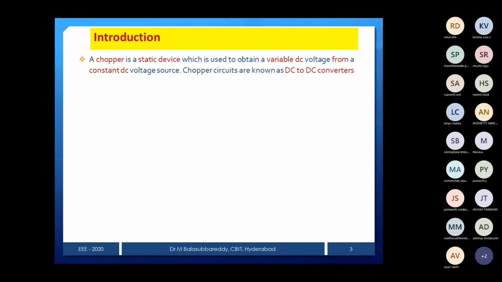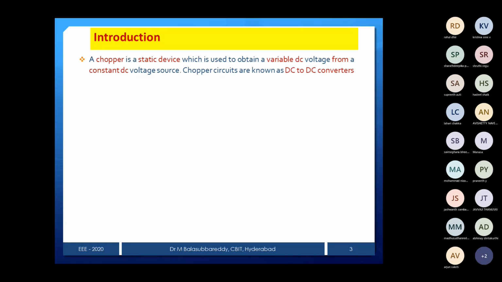Suppose if you turn on the device, then what will happen? You will get some output, and again you can turn off the device, then output will be zero. But at regular intervals, if you do the on process and off process continuously, depending on our requirement of the output voltage, how much duration you need to turn on and how much duration you need to turn off. So all the things depend on your output voltage requirement.